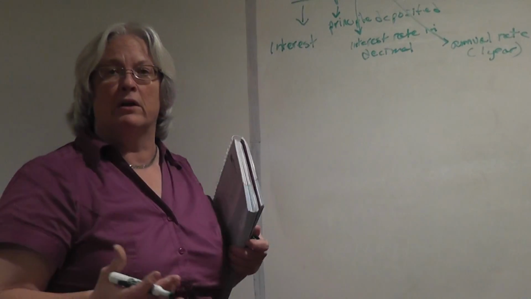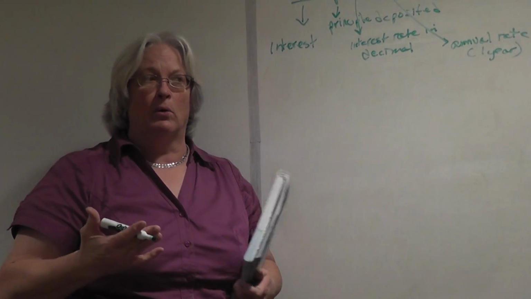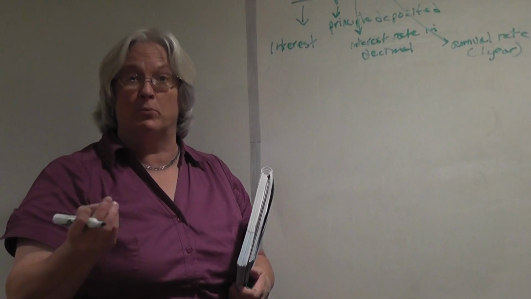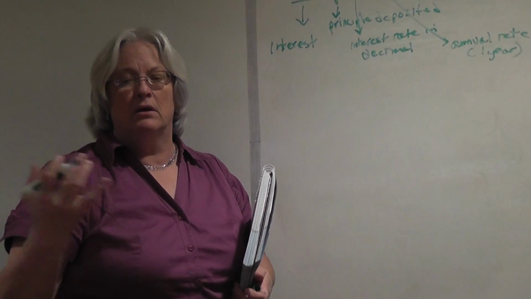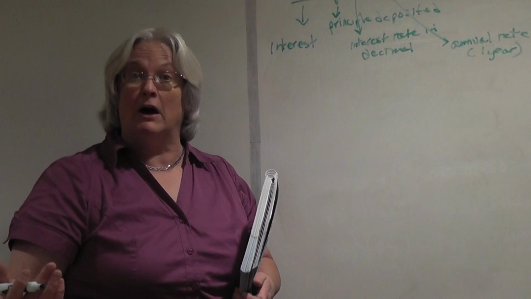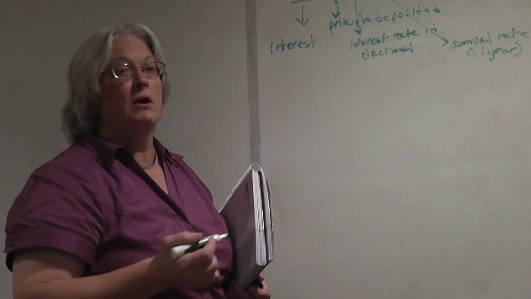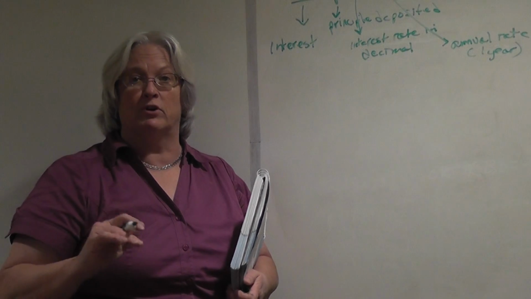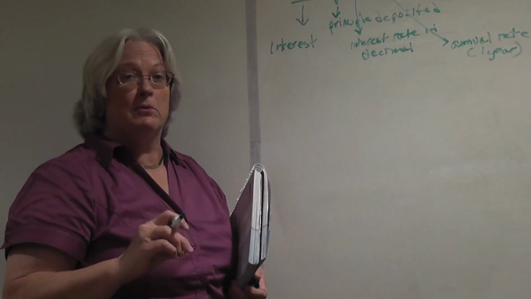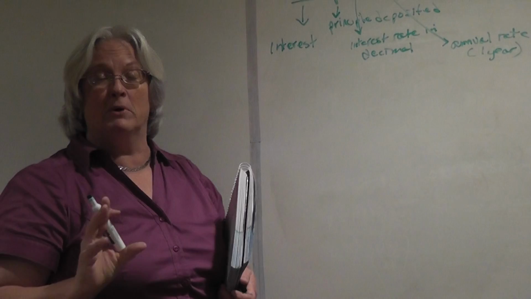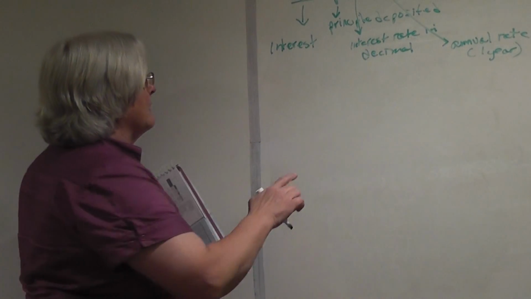Now, interest is what the bank or a corporation pays you for the privilege of using your money. Sometimes they pay you a high rate of interest. Sometimes they pay you not so high a rate. Currently in our economy, the interest rates are very low, so you don't get much of a return on money that you have deposited right now.